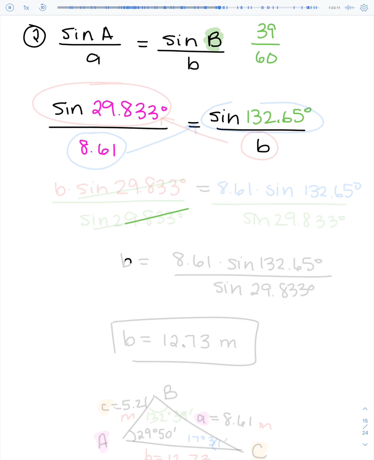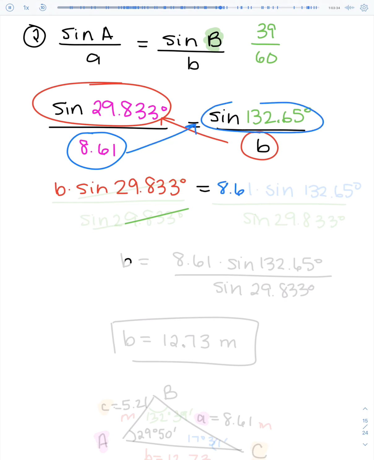Then you would go ahead and do your cross multiplying, your b times the sine of your angle. So it'd be b times sine of 29.833 degrees equals, and then you'd have to do your other side that you're cross multiplying, the 8.61 times your sine of 132.65 degrees.